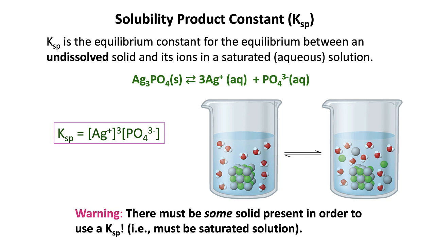And while this might look a little odd, this is the exact same thing, and this is something we should get comfortable with using. Now, one thing to remember is that KSP is still an equilibrium constant, which means that mathematically it's only going to hold if we are at equilibrium. And one good way to see that with solubility is if we have solid present, that means that we must be saturated, because if we didn't have solid present, that would mean that more could go into solution.